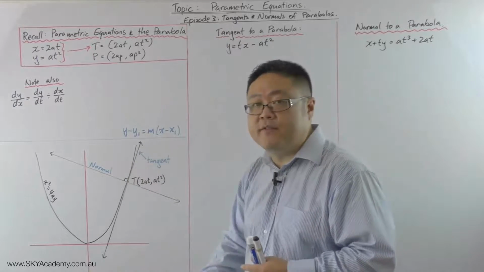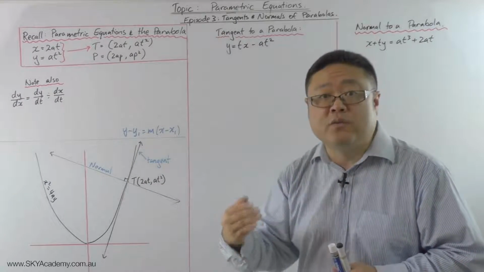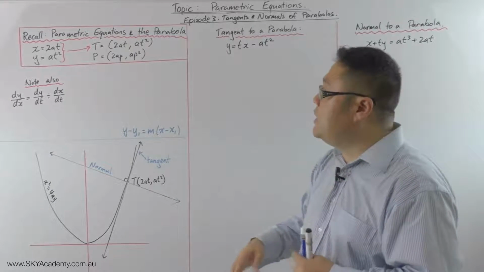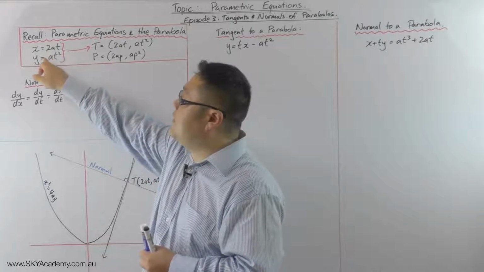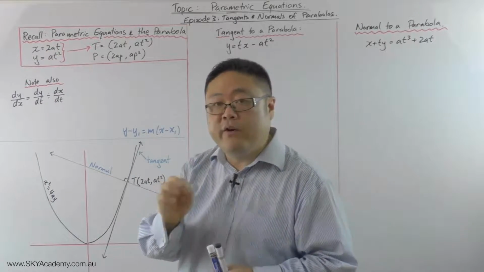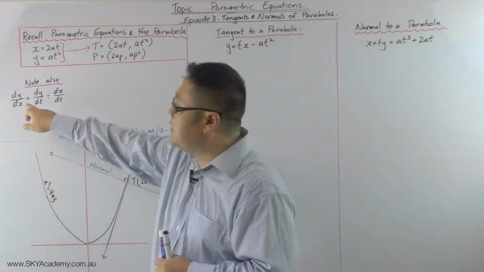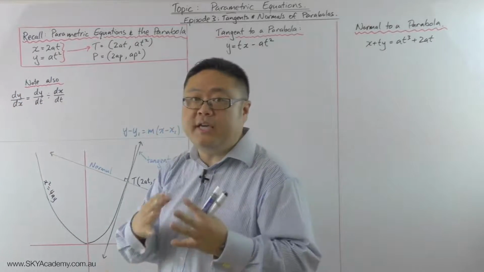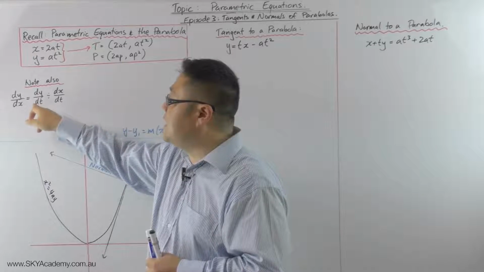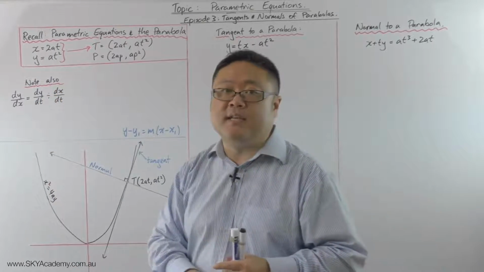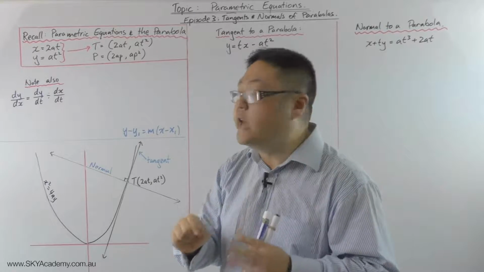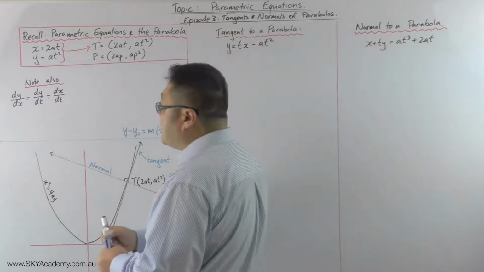And your m will be the gradient of the tangent. If you're looking for the gradient of the tangent, it will be your first derivative at that point. So how do you find the derivative of a parametric equation? Very good question. We're going to use this property: dy/dx is equal to dy/dt divided by dx/dt, which is your chain rule from 2-unit maths.